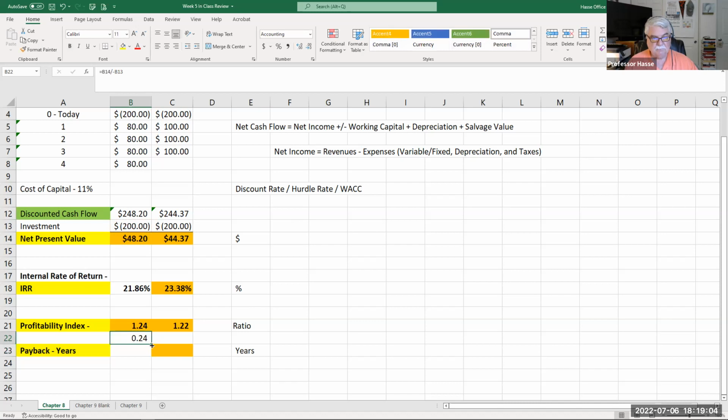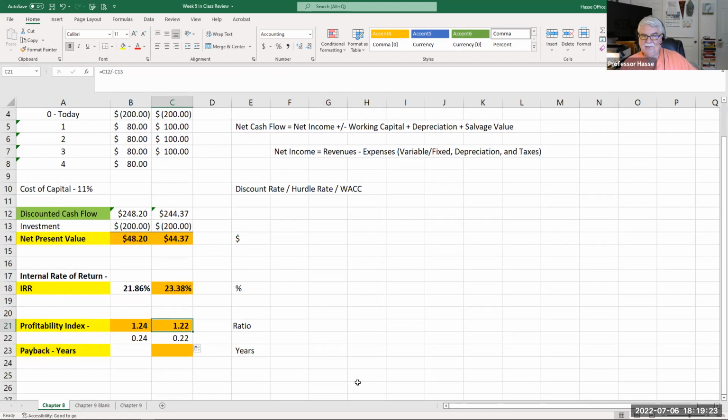There we go. Now notice project B is just like the net present value method. This is based on money, so the ratio is more positive for project A than project B.